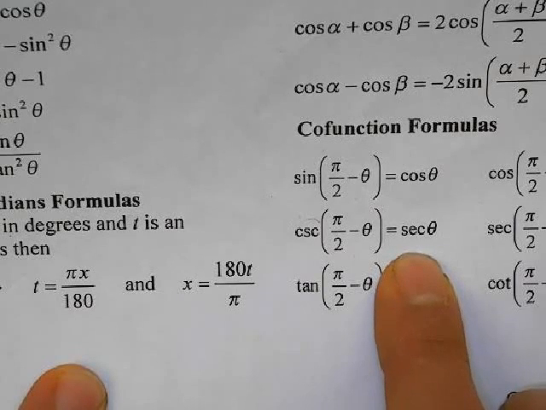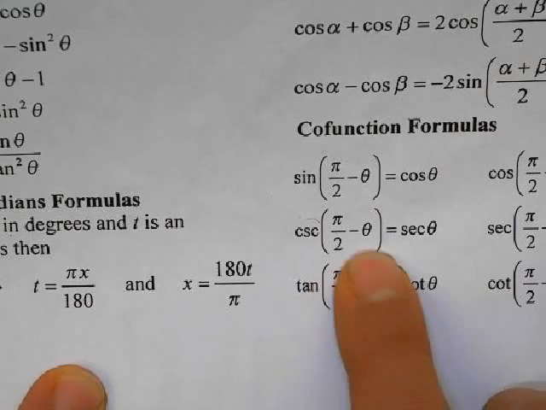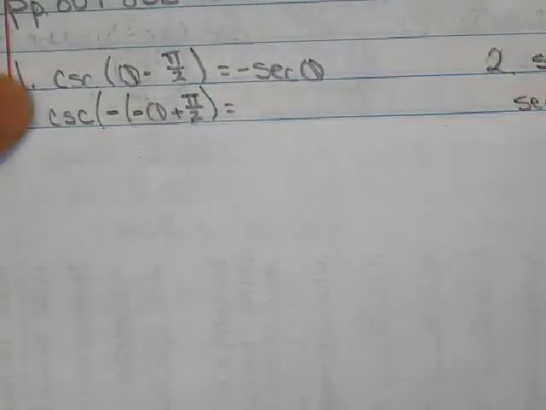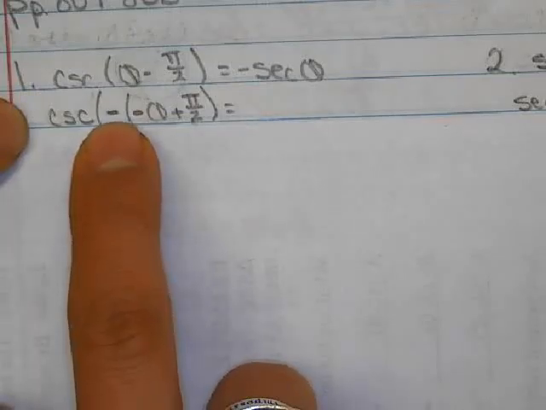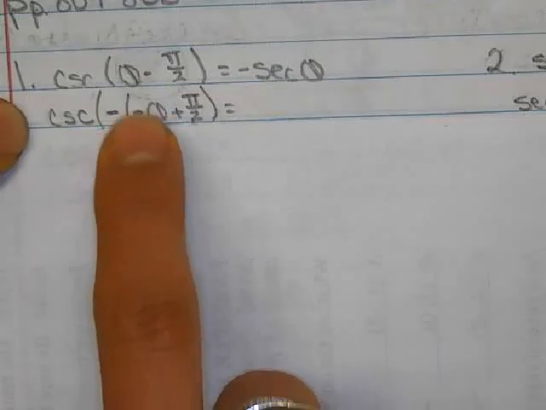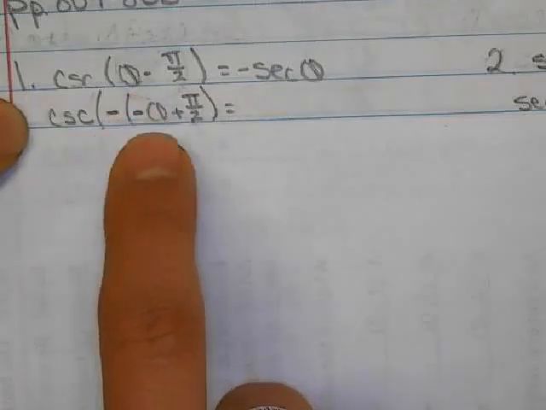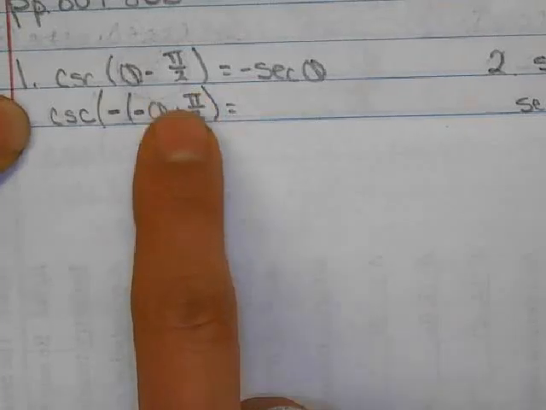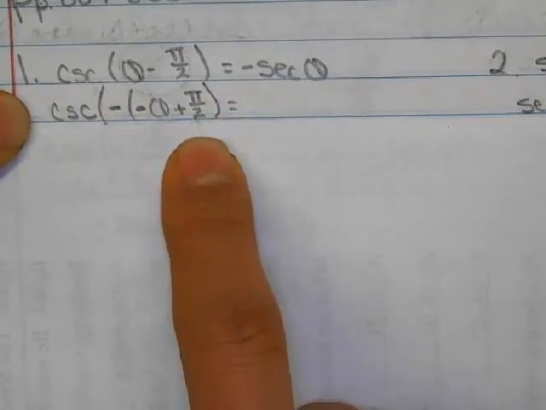The problem is we have the cosecant of theta minus pi over 2, so it's flipped around. So in order to flip it back, I'm going to take the negative of it. So I have the cosecant of a negative of this function here. So if I take the negative of that, theta divided by negative 1 is negative theta, and negative pi over 2 divided by a negative is a positive pi over 2.